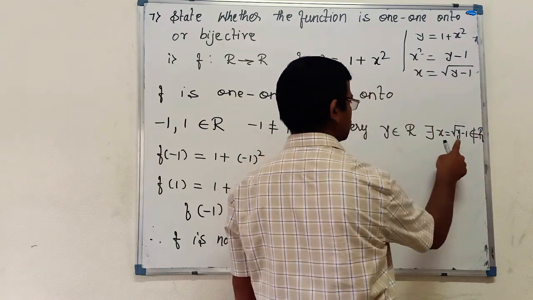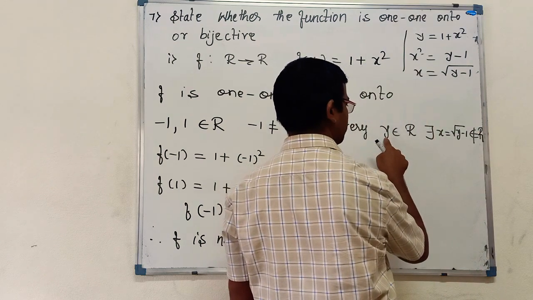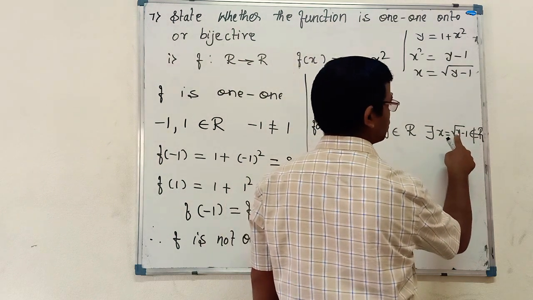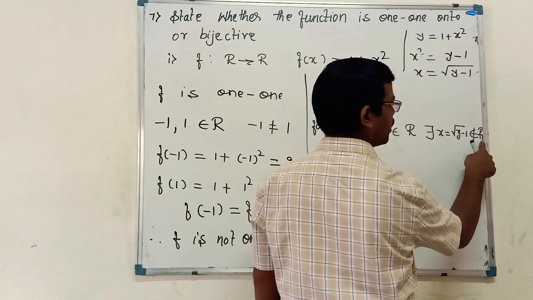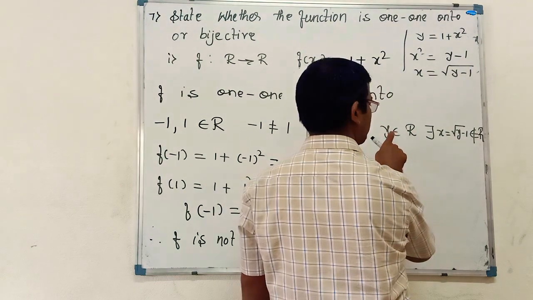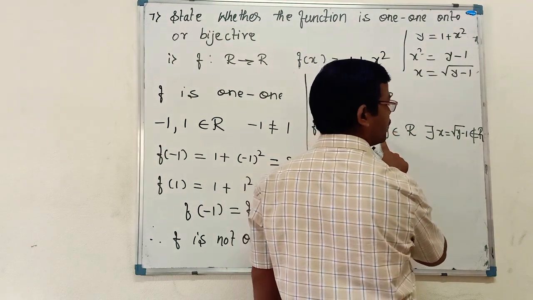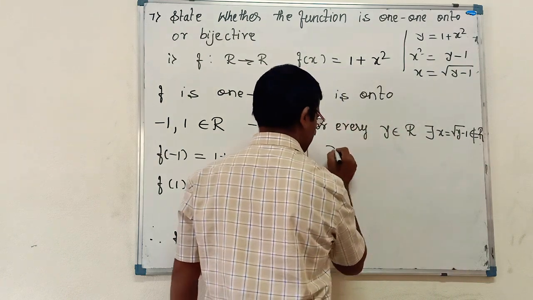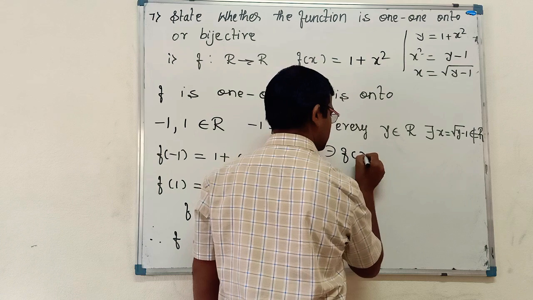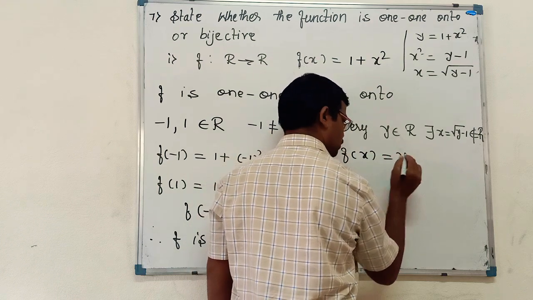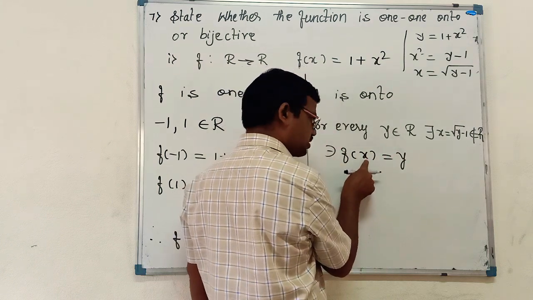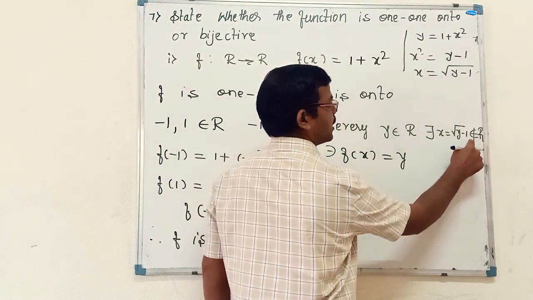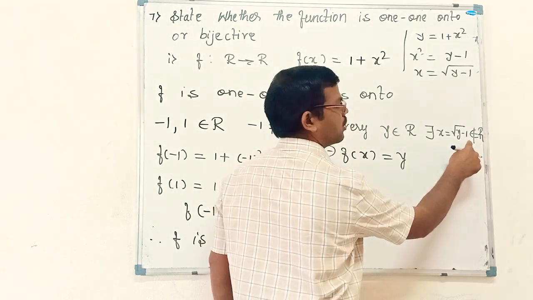Because if suppose y is a real number, like minus 1, minus 2, then root of minus 2 is not there in the real numbers. For that minus 1, we do not have any pre-image in the domain such that f of x is equal to y. So x is a pre-image of y, but that pre-image is not there in the real number domain.